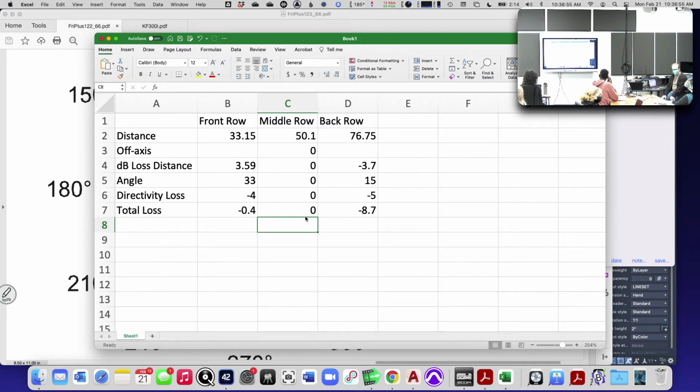We've got now what used to be acceptable is now not acceptable, right? We now have more than 8 dB difference between front row and back row, which is not ideally what we want. Okay.